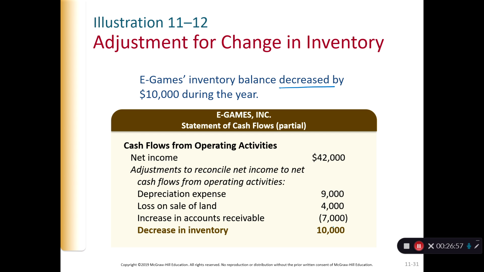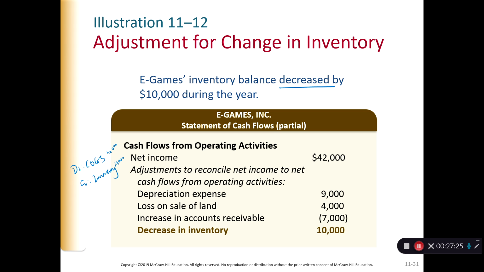In other words, this tells us that the company sold $10,000 of inventory that was not replaced, right? And this $10,000 is reported as the cost of goods sold expense on the income statement. So basically, you debit cost of goods sold and credit inventory for $10,000.